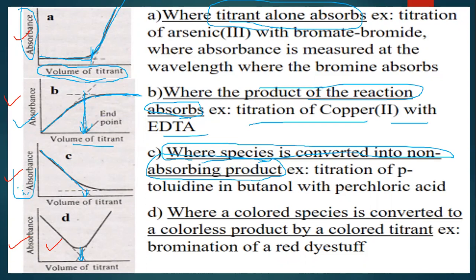Okay, so as it reacts its concentration will decrease, so the absorbance of the solution will decrease. At a particular point it will react completely, and later on the absorbance will remain constant because no more reactant species is available to show the absorbance. Okay, hence here absorbance remains constant.